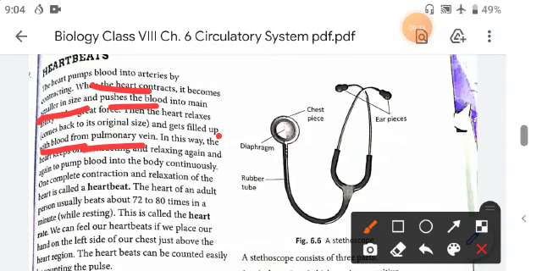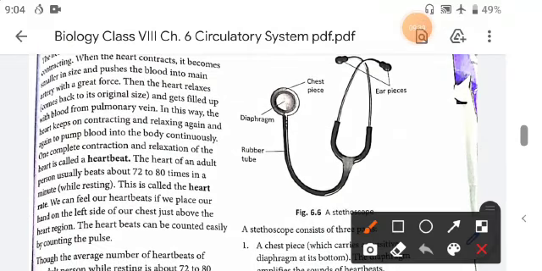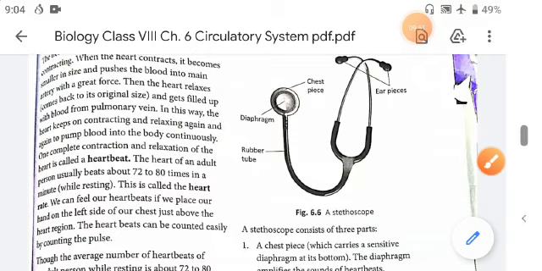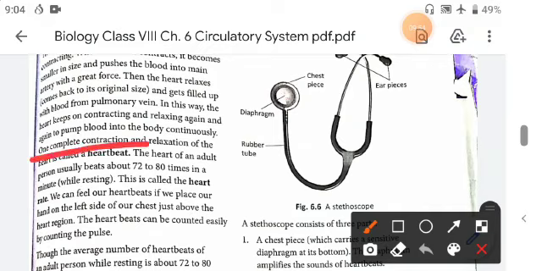In this way, the heart keeps on contracting and relaxing again and again to pump blood to the body, and blood is continuously supplied to the body. So one complete contraction and relaxation of the heart is called a heartbeat.